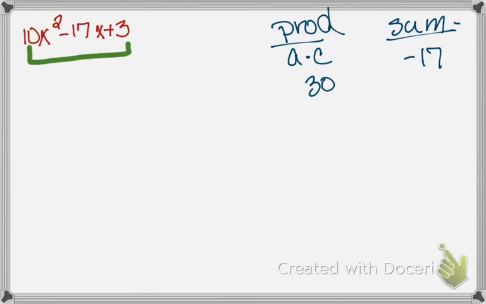What can you tell me since my sum is negative? I have a positive product and a negative sum. What are my numbers going to be? They're both going to be negative. Both numbers are negative. So now what I do is I start writing down factors of 30.